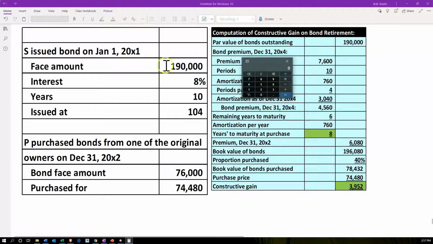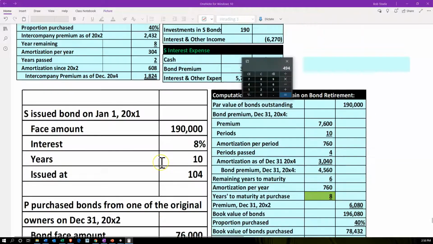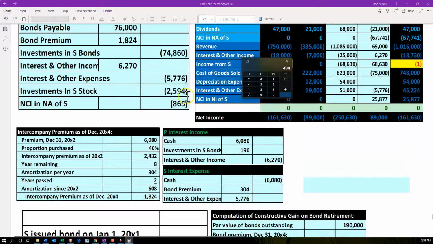That is 3,952 divided by 8, since there were 8 periods we're dealing with. Let me do that one more time: 3,952 divided by 8 is going to be that 494. So basically that's the component of this difference.